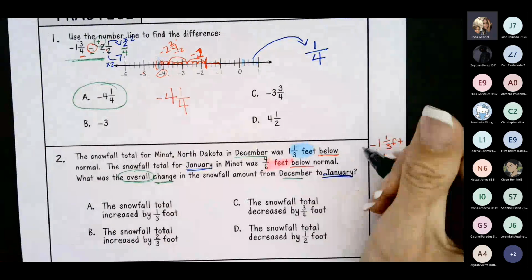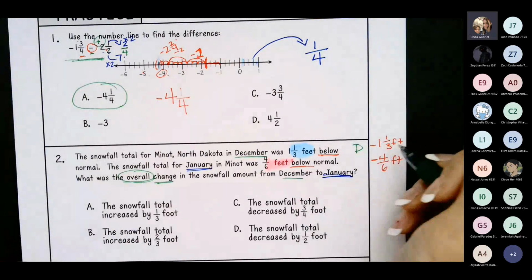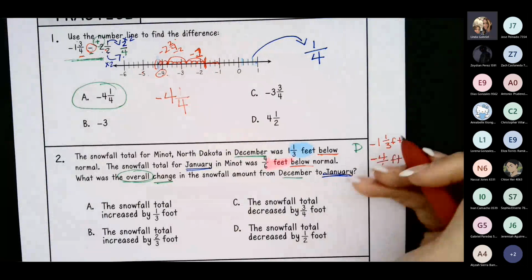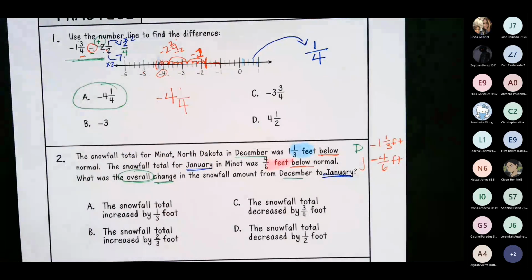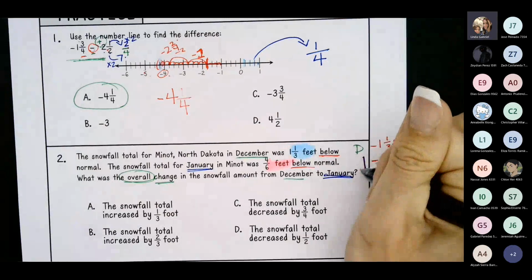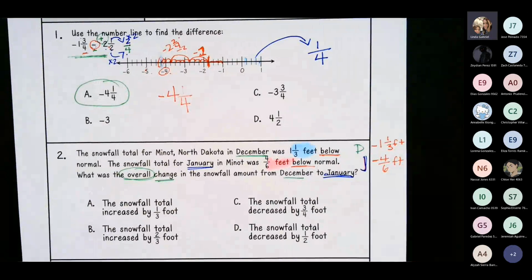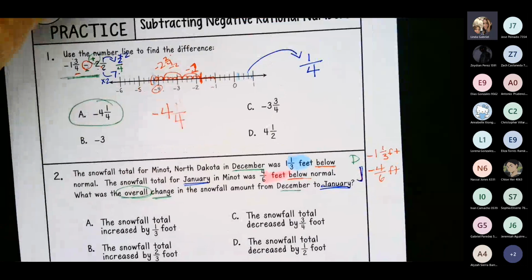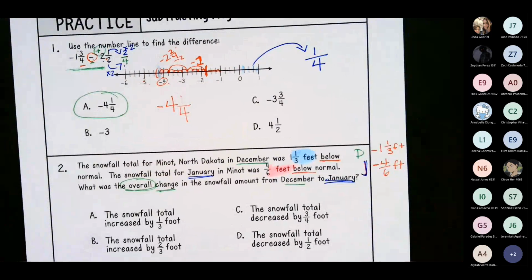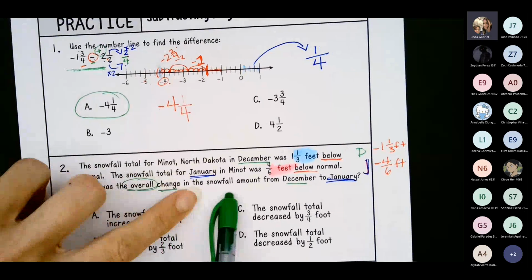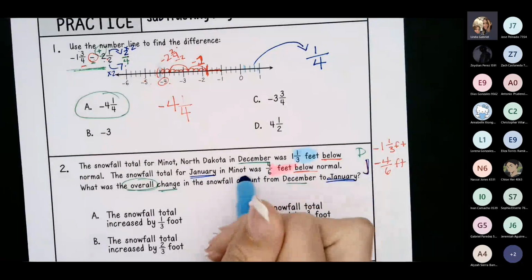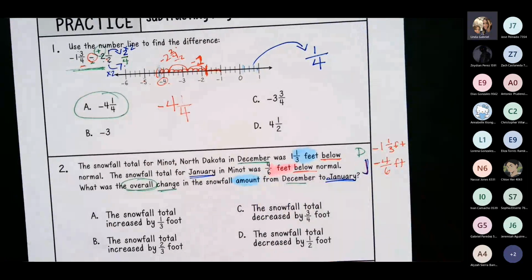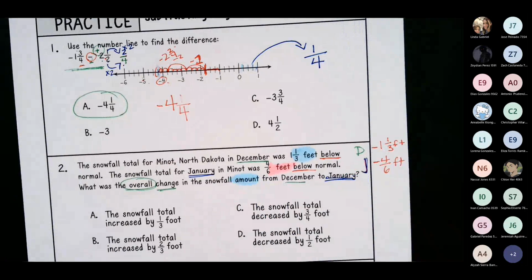Okay, so my December was -1 1/3 feet from normal, right? And then in January, I underlined that blue. So January was -4/6 of a foot of snow below normal. I'm going to look at this one more time. What is the overall change in snowfall amount from December to January? Okay, let's go ahead and do some math.